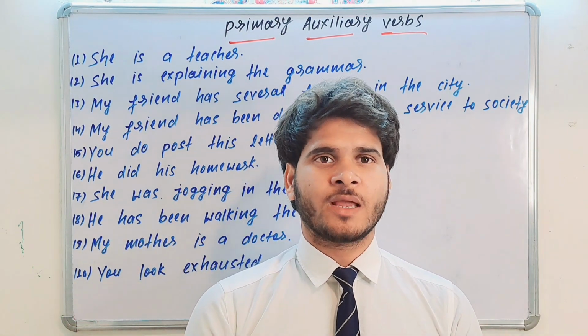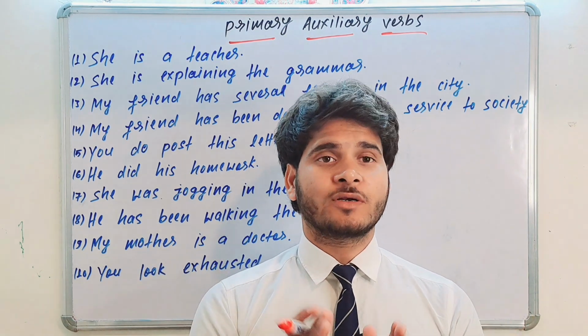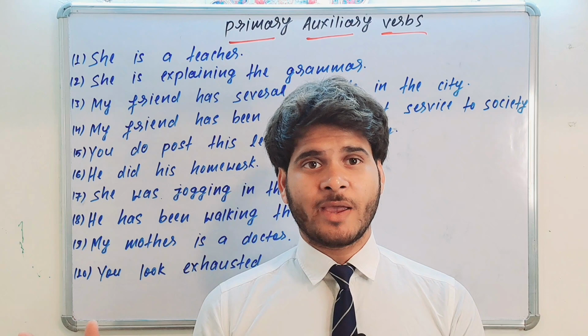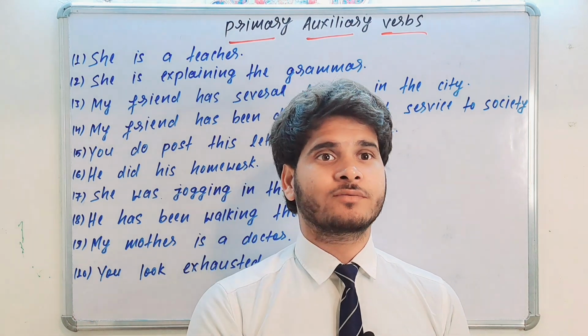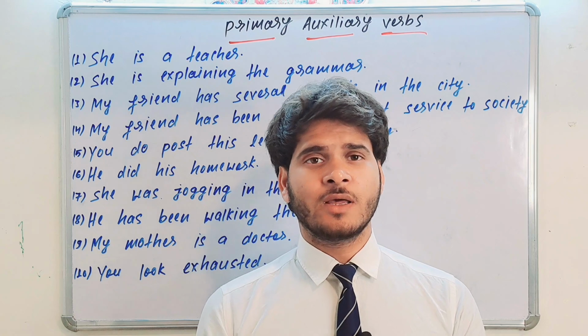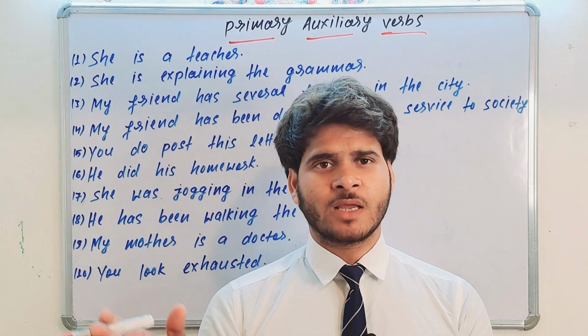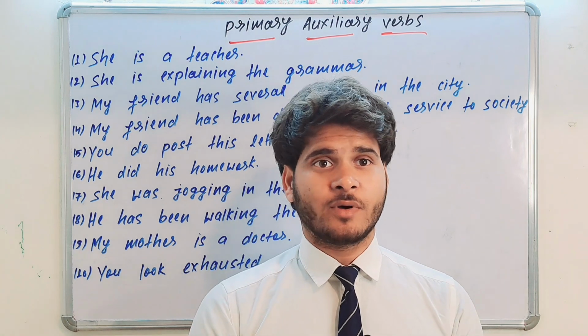Auxiliary verbs tell us about the tense and voice of main verbs. And linking verbs link the subject to their complement. So there are three verbs: main verbs, auxiliary verbs, and last one, linking verbs.